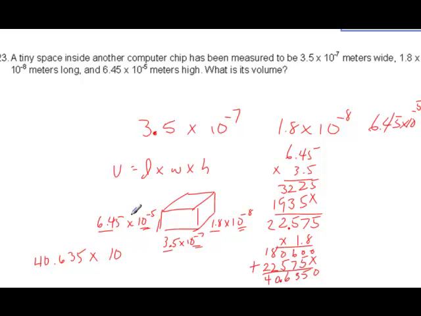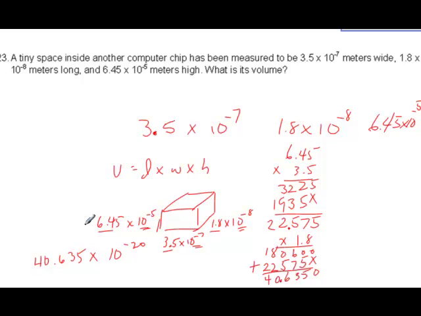Come on, guys, add them up. Negative 5, plus negative 7, plus negative 8, is negative 20.